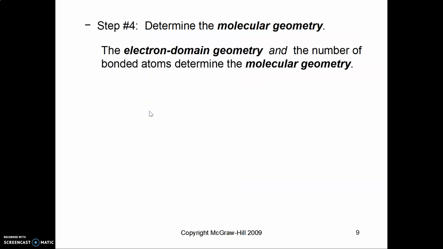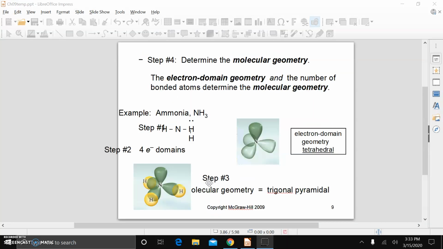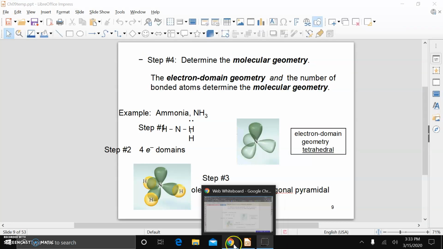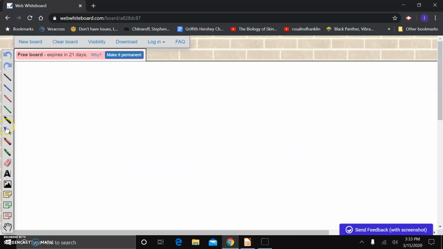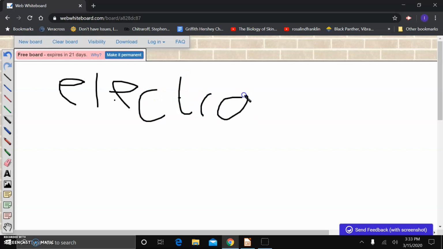So now we're going to do the molecular geometry, which is slightly different. So let me get out of this for a second and go to my chart. Electron geometry is the number of domains.